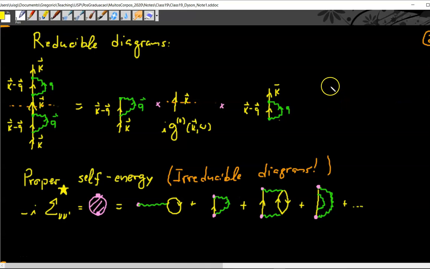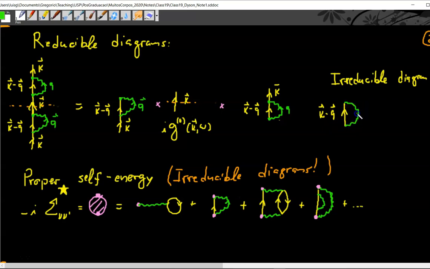So this is an irreducible diagram, interacting irreducible, which is one leg, one free propagating with momentum k minus q, and an interacting line with momentum q.